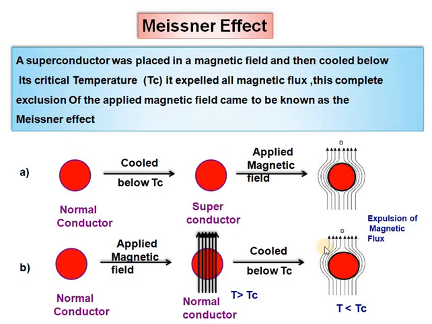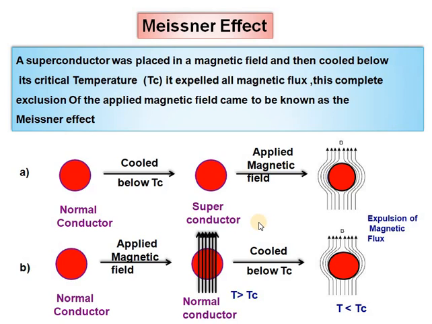The magnetic flux lines are expelled by the superconductor once the temperature of the conductor is below the critical temperature.